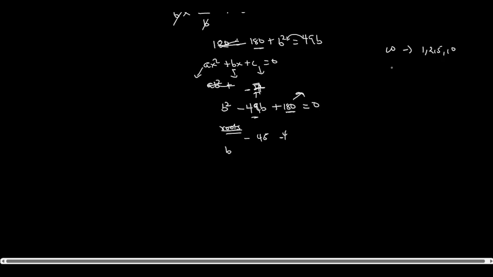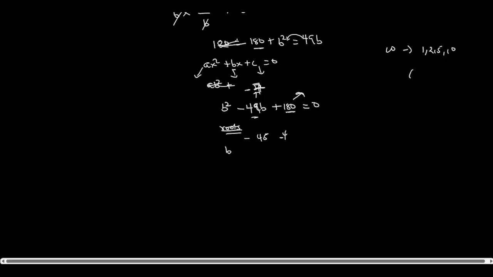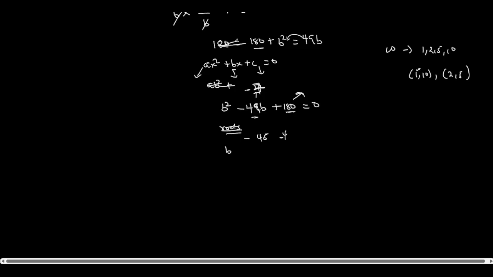So now I ask myself, what are the factors of 10? 1, 2, 5, and 10. Now you pair them. The factors I have to multiply to get 10 are 1 and 10, and then 2 and 5. Can I add or subtract these to get minus 7? With 1 and 10, there's no way.